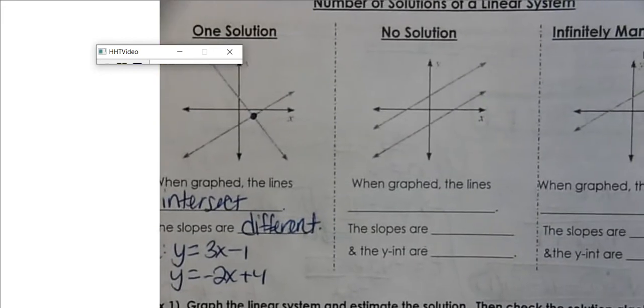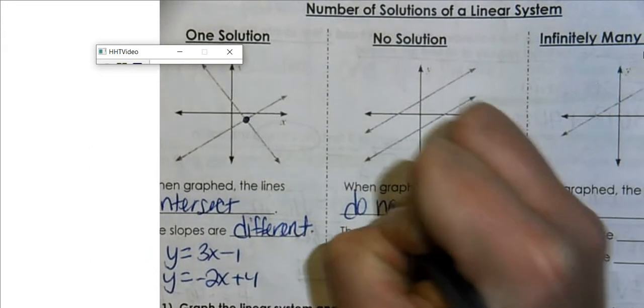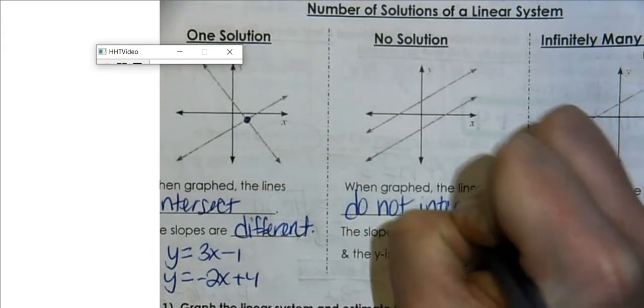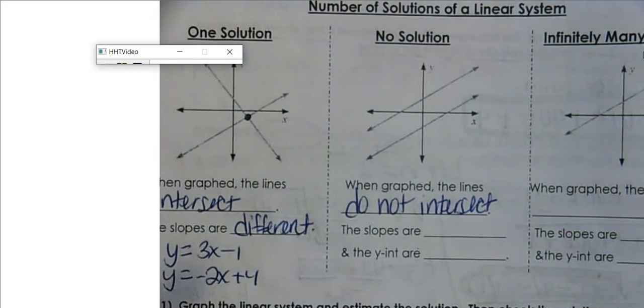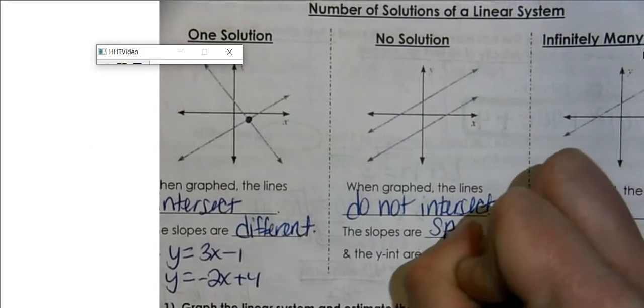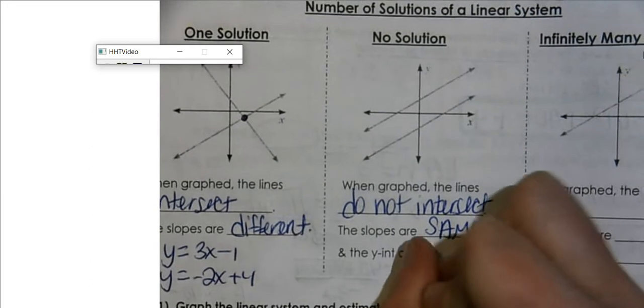No solution is when graphed the lines do not intersect. And if the lines do not intersect, what you're going to see in the equation is that the slopes are the same, but the y-intercepts are different.